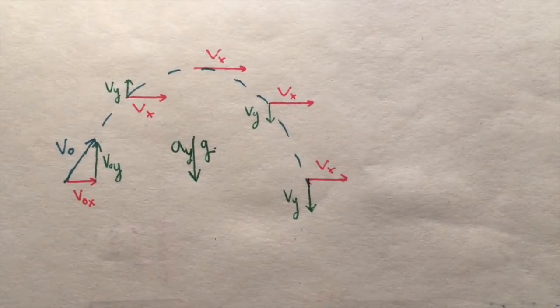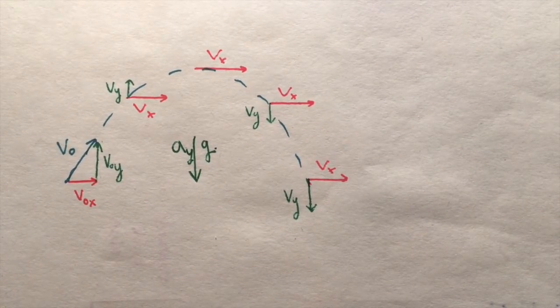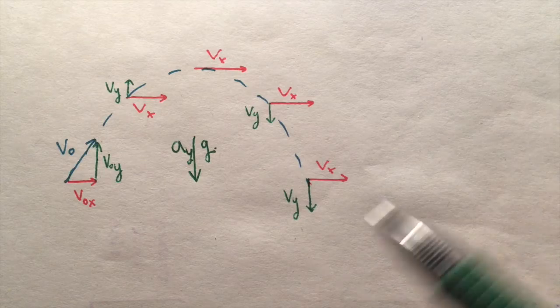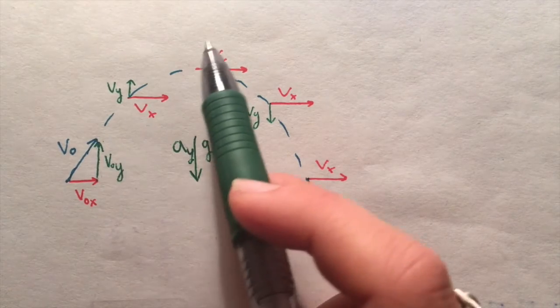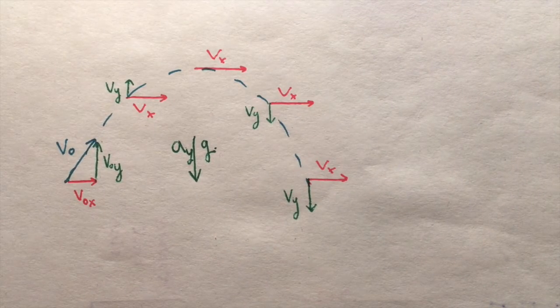Not only does the acceleration due to gravity change the speed of the object, it also changes the direction. If we only talk about vertical stuff, first it's moving up, then it turns around and comes back down. It is the force of gravity that causes the object to fall back down to the ground. The force of gravity acting vertically is the only thing causing the object to fall to the ground.